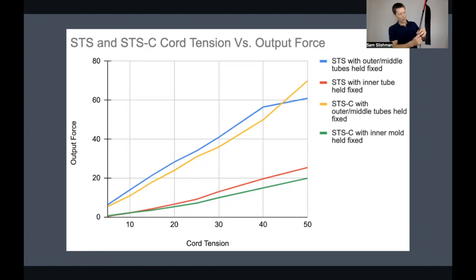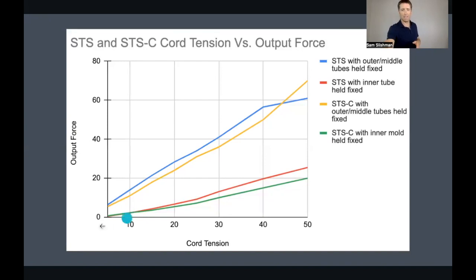If I hold the inner tube fixed and pull from here, that's another mechanical advantage. Theoretically, 1-to-1 versus 2-to-1. So what I did in the experiment was I locked this portion and I hung weights from here and then measured the output tug.